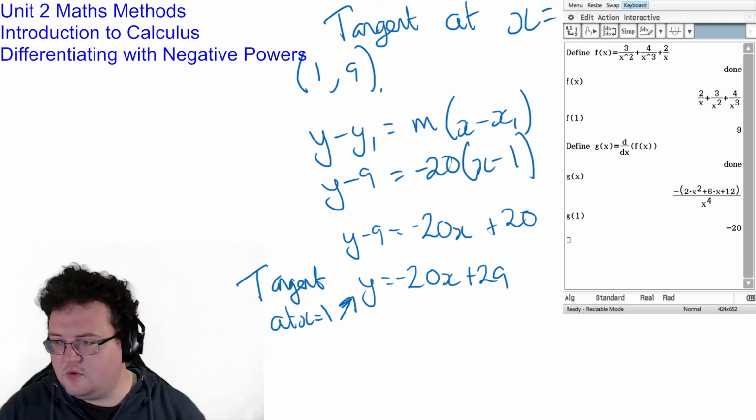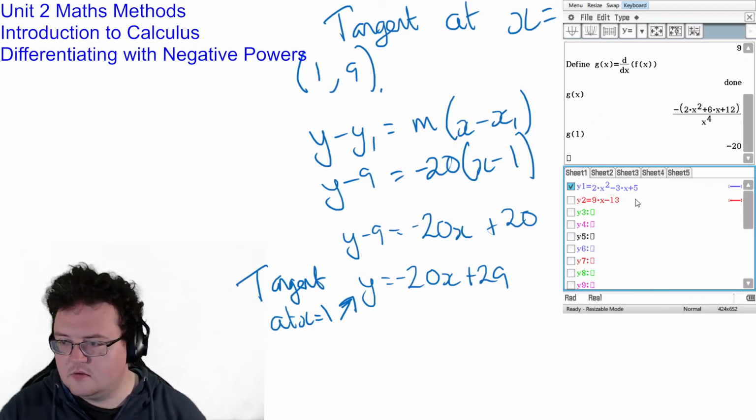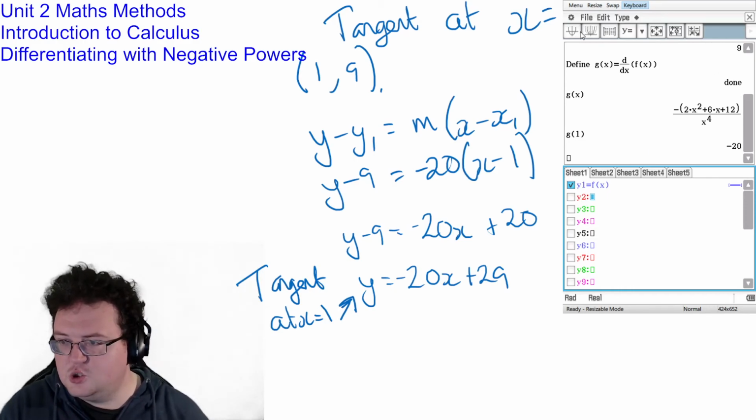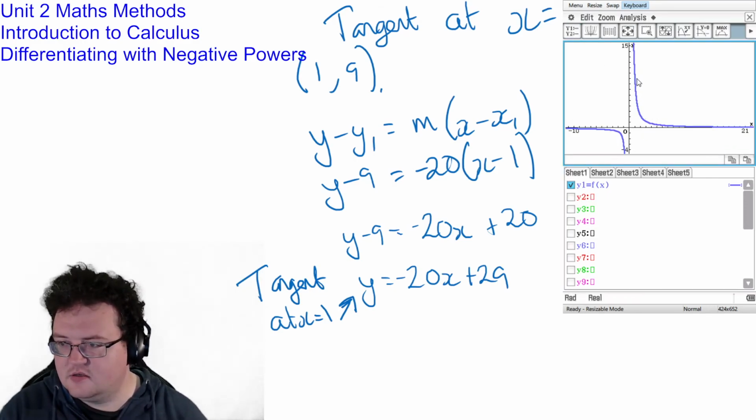The cool thing we can also do with our CAS is, because we've defined the functions, I can just ask it to draw f of x.